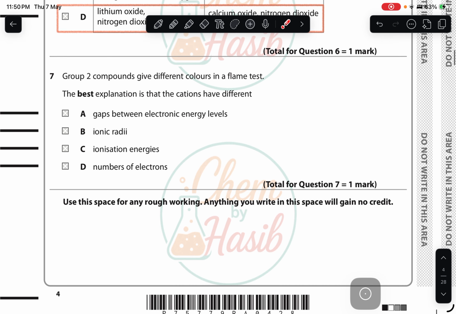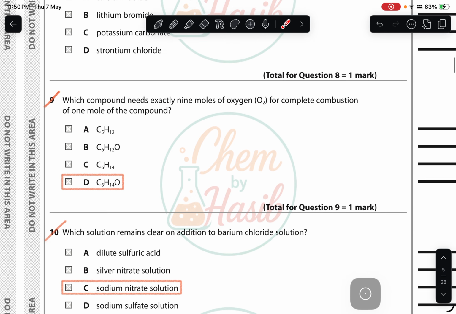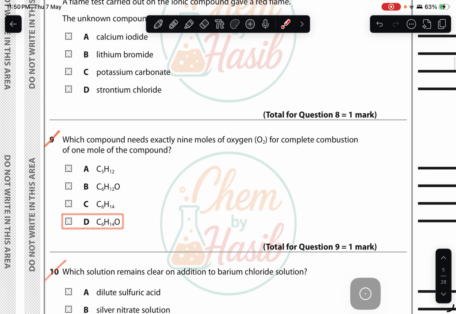Then we move on to question number 9. It says, which compound exactly needs 9 moles of oxygen for complete combustion of 1 mole of the compound? 9 moles of O2, right?